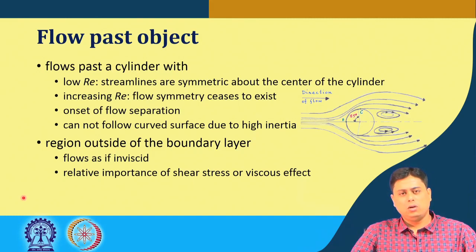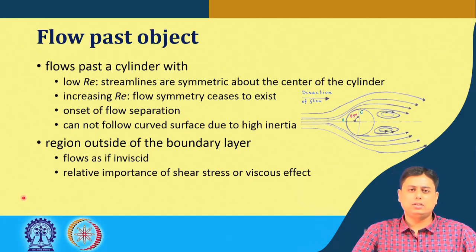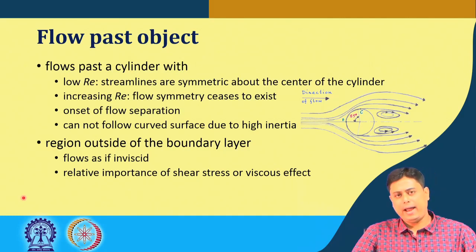The interesting feature is that the flow profile at the front of the spherical object and the rear point of the spherical object is nearly symmetrical when there is low Reynolds number flow, or the flow is highly viscous, or you can say the velocity is very low, because this low Reynolds number can be achieved by adjusting several parameters.